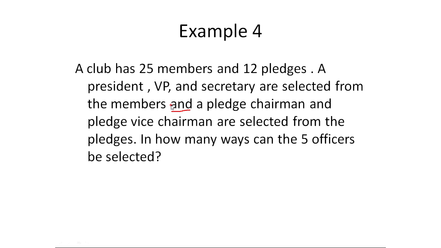And so now what we want to know is how many ways could the 5 officers be selected? So again, what are the 2 steps? We're going to pick the VP, etc., for the members, and so multiplication, and we're going to pick from the pledges for whatever they got. All right, so let's consider just the members first.